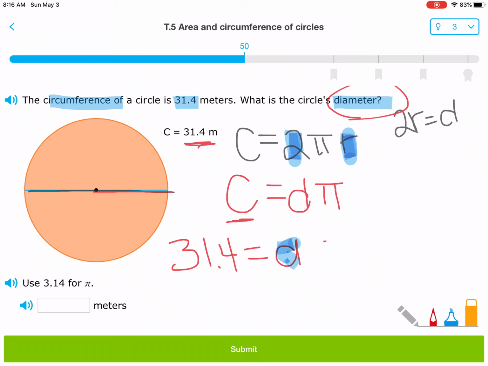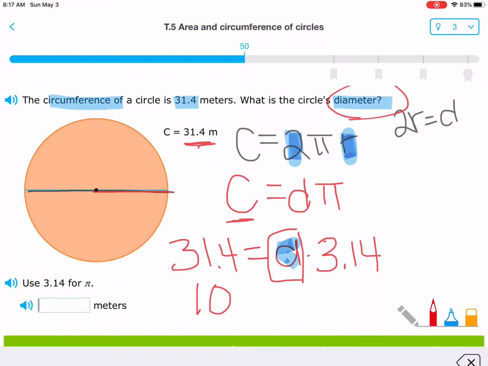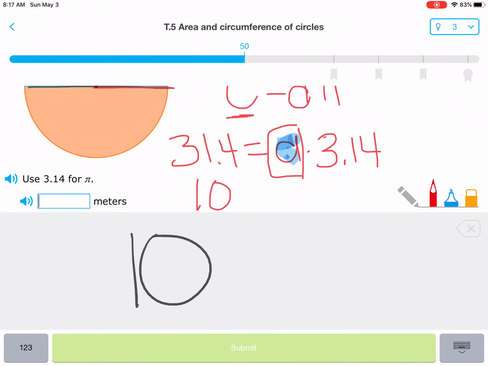So I'm actually going to erase that, and I'm going to put in 3.14 and a multiplication symbol, right? So if I wanted to get D by itself, and this is multiplication, the opposite is to divide. So 31.4 divided by 3.14 gives me 10. So the diameter is 10.